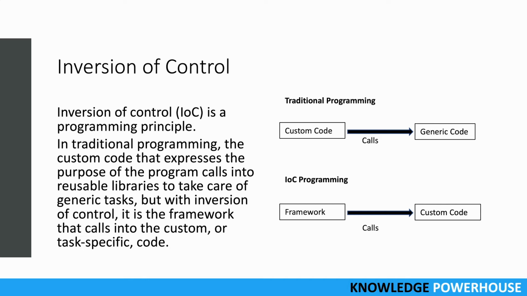Getting the balance, incrementing the balance, all these are generic code, but the combination of that is your custom code. Whereas in IoC programming, inversion of control, the framework will call the custom code. So the framework has the responsibility of calling the custom code and the generic code. That way, control has gone from custom code to the framework.